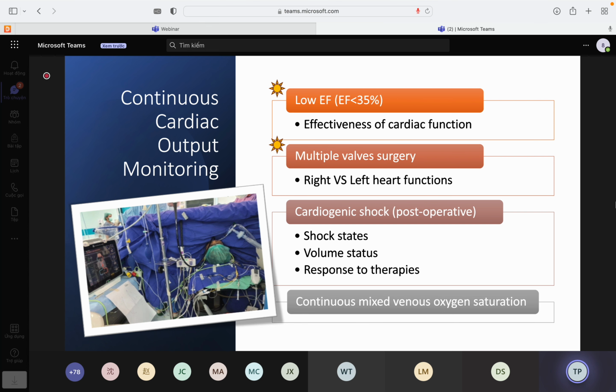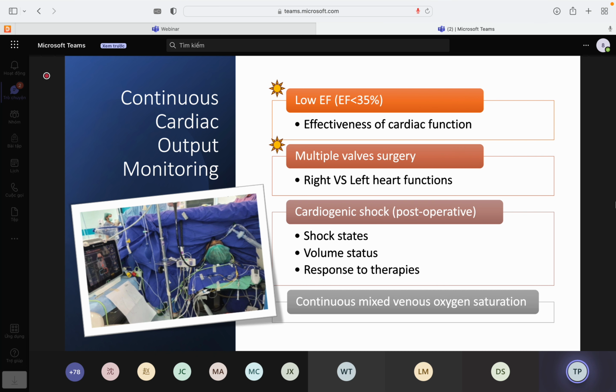The most common indication is poor cardiac function, decompensated heart failure such as dilated cardiomyopathy or ischemic cardiomyopathy, which usually presents with low ejection fraction, especially when the ejection fraction is below 35%. It can help evaluate the effectiveness of cardiac function, represented by cardiac output and cardiac index.